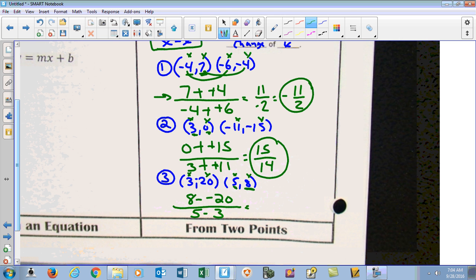Well, I have a double negative here, so 8 plus 20 is 28, and 5 minus 3 is 2. And 28 over 2 can reduce to 14 over 1. So your slope is 14 over 1, or 14.